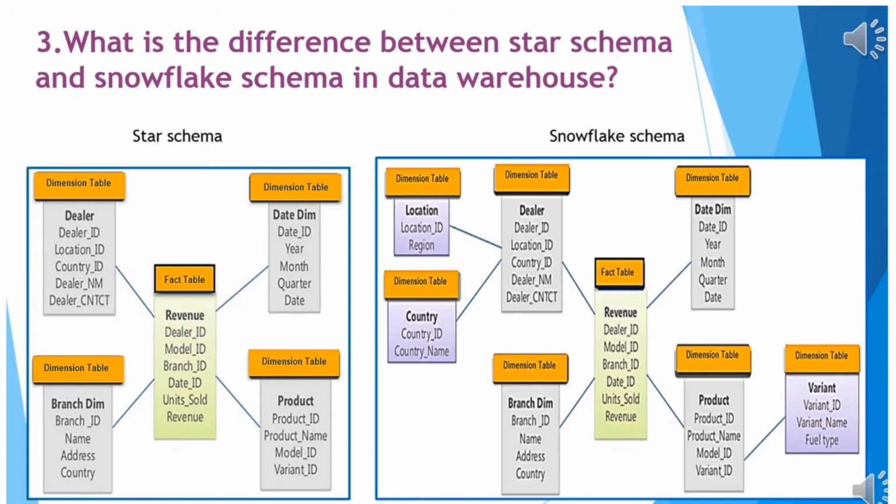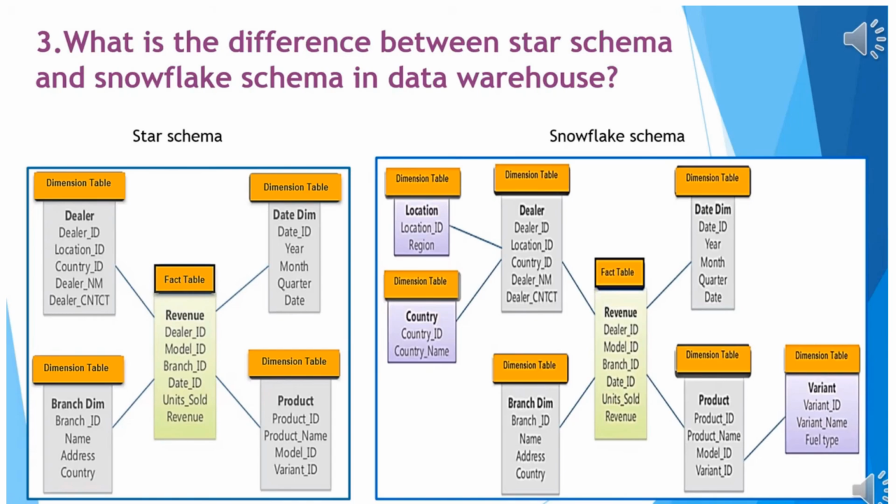When it comes to star schema, we don't have normalized tables, right? So everything will be in a denormalized single dimension table. So that's why it will not incur much cost when it comes to maintenance.